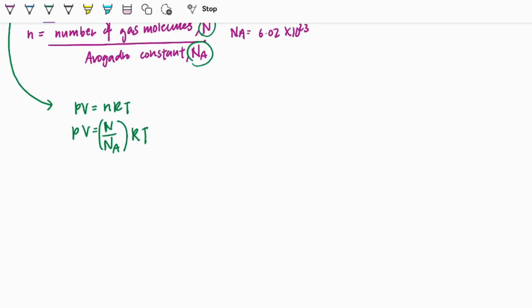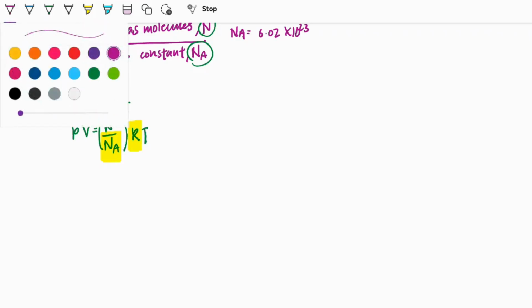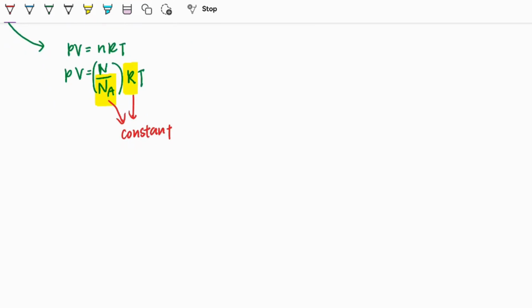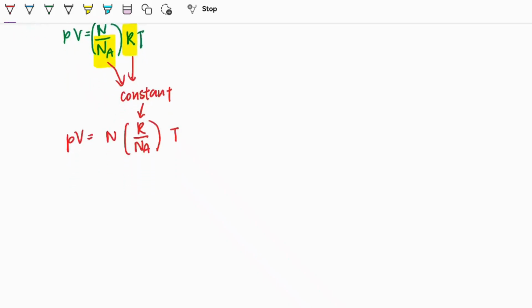Now, we know that the Avogadro constant and R, the universal molar gas constant, are constants. What I'm trying to say is, these two are fixed values. We can't change them. So we can combine these constants together, which gives us PV equals N R over N_A times T. So this whole thing is a constant.